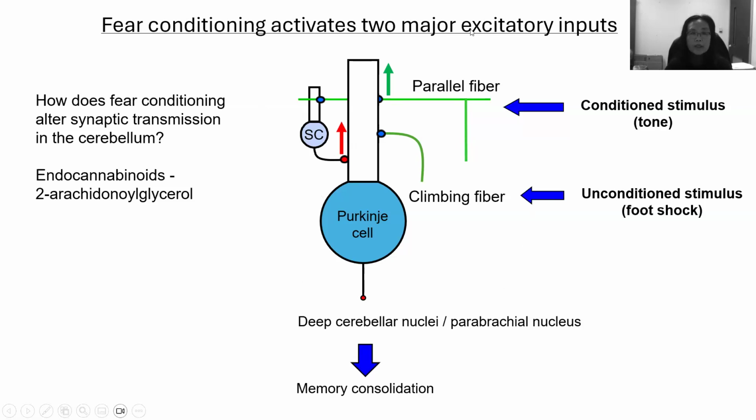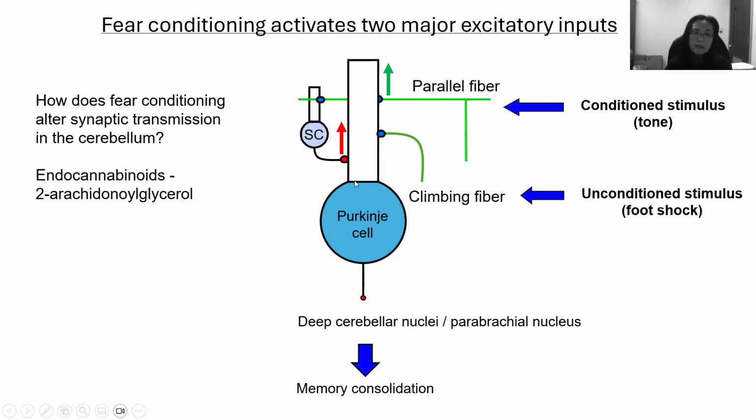They actually express quite high levels of endocannabinoid receptors. Within the cerebellar circuitry, it has been shown that both Purkinje cells and molecular layer interneurons can produce endocannabinoids because they have DAG lipase, the enzyme that synthesizes 2-AG. And 2-AG is one of the major endocannabinoids in the cerebellum.